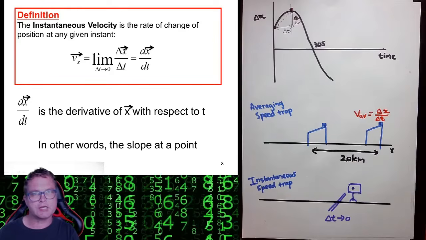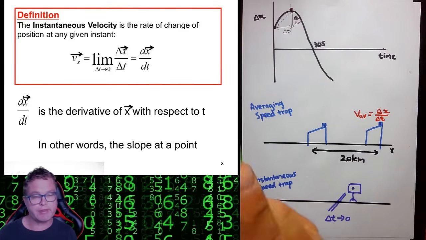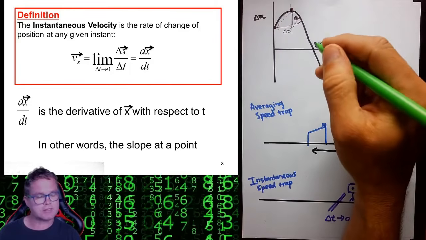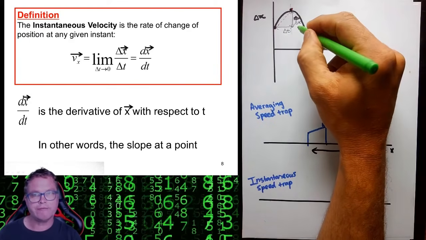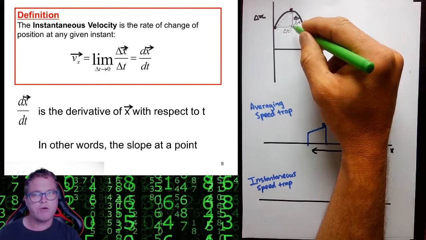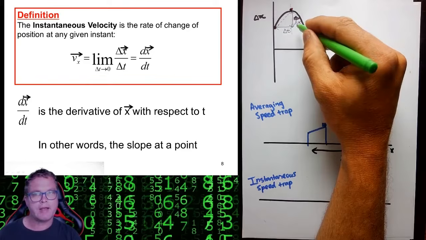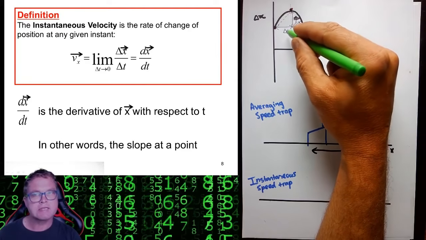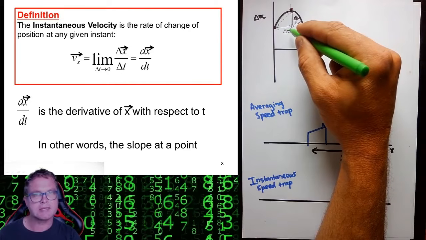For us to see where that comes from, we remember that when we were interested in defining the average velocity, we could have done that from the graph by considering the displacement over a period of time. And the average velocity would have been this delta x divided by delta t.